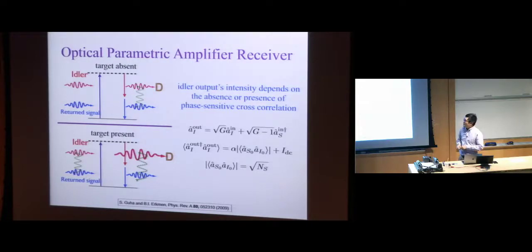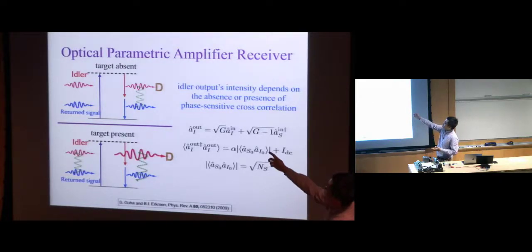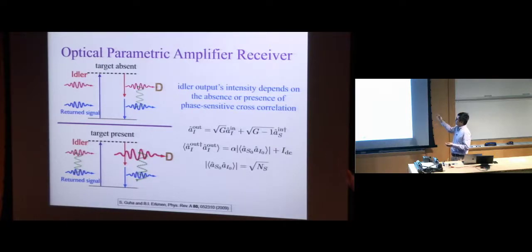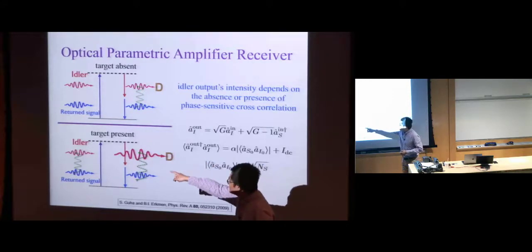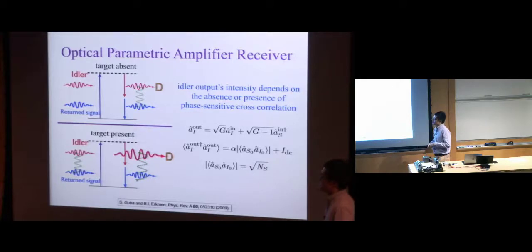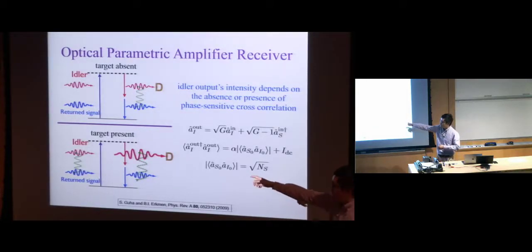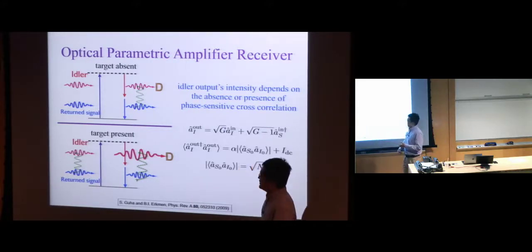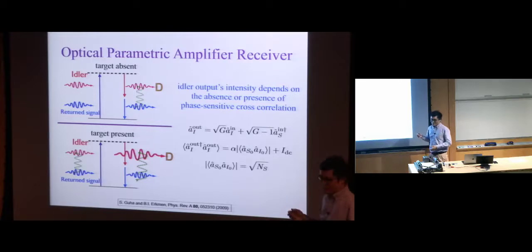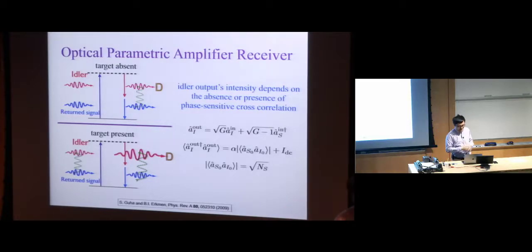And for the quantum receiver, which we call the optical parametric amplifier receiver, it's the same. When you have a target-present case, there's a residual correlation between your return signal and your local reference, which we also call the idler. And because of this correlation, both arms would be amplified.